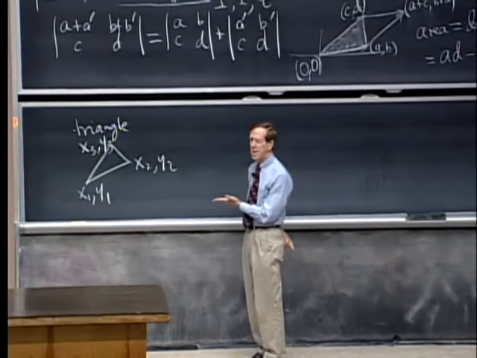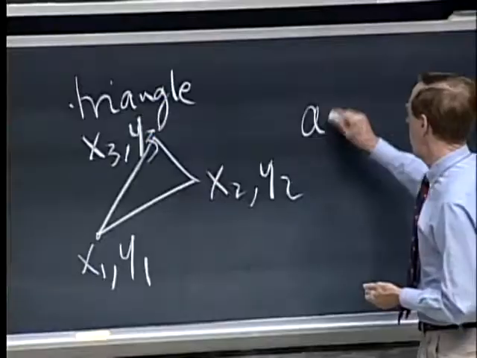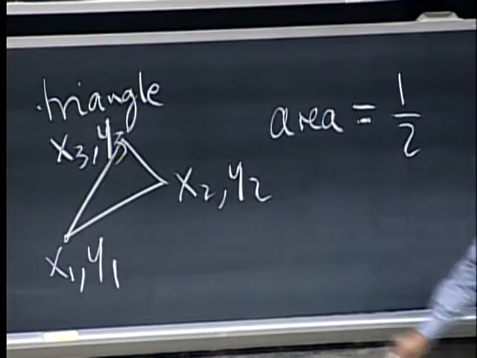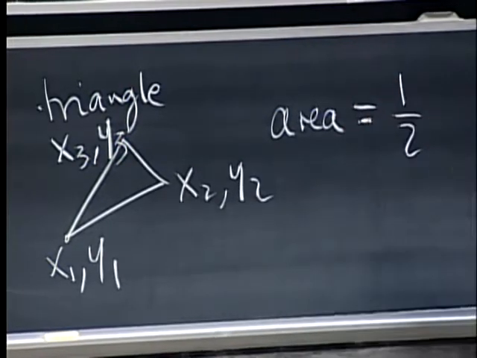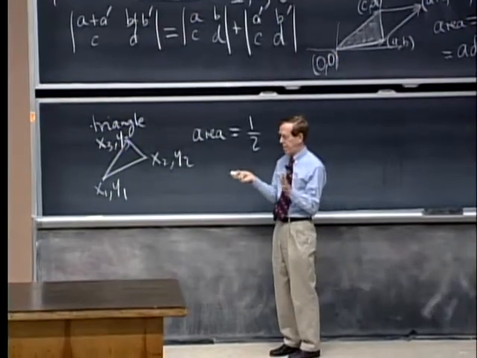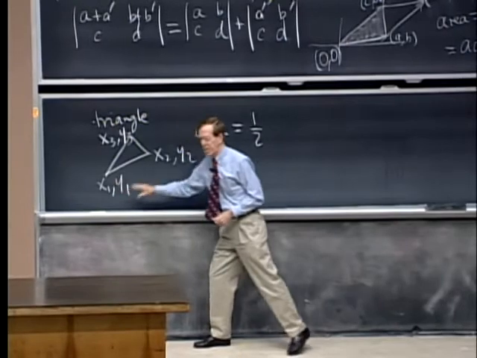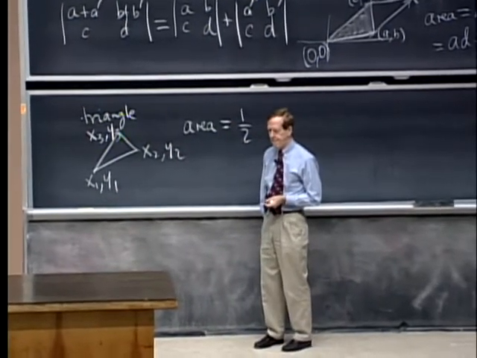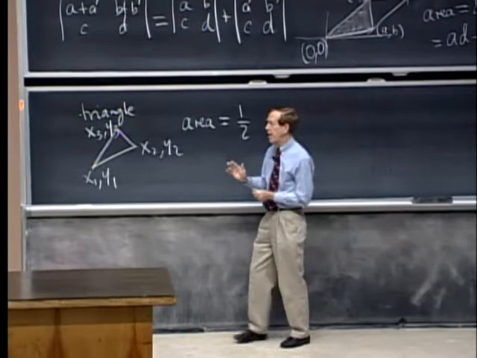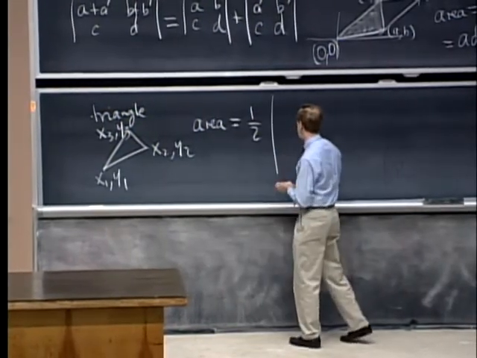And those 6 numbers must determine the area. And what's the formula? The area is going to be that half of a parallelogram. I mean, this can't be completely new, right? We know the area when this is 0, 0. Now we just want to lift our sights slightly and get the area in general, so let me write down what it comes out to be.